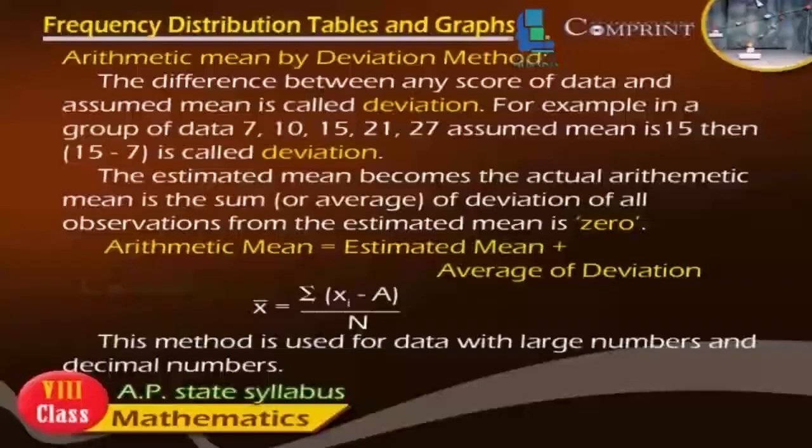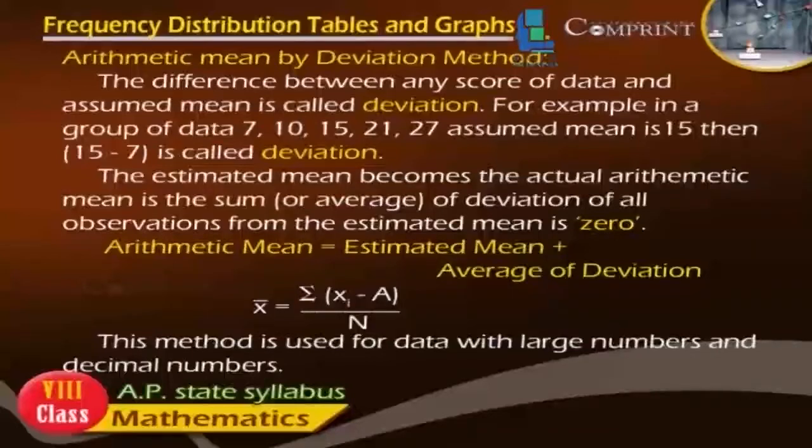Arithmetic mean by deviation method. The difference between any score of data and the assumed mean is called deviation. For example, in a group of data 7, 10, 15, 21, 27, the assumed mean is 15. Then 15 minus 7 is called a deviation.